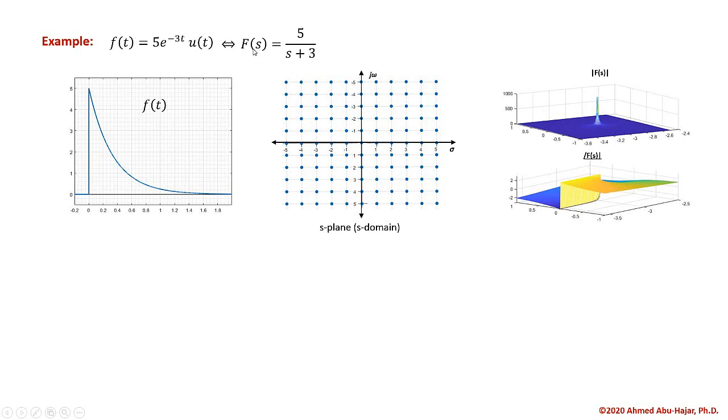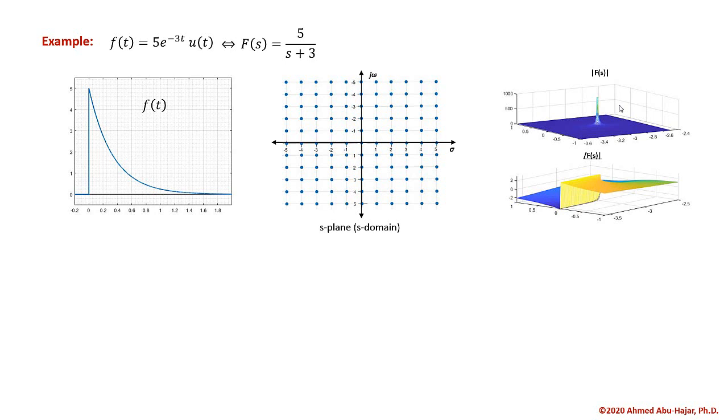When you plot a complex function whose domain is a plane, you can't plot f of s directly because you can't visualize it. It's going to be a 4D plot. So what we do is we plot the magnitude as a function of s and the phase as a function of s, or sometimes we can plot the real part and the imaginary part of f of s.